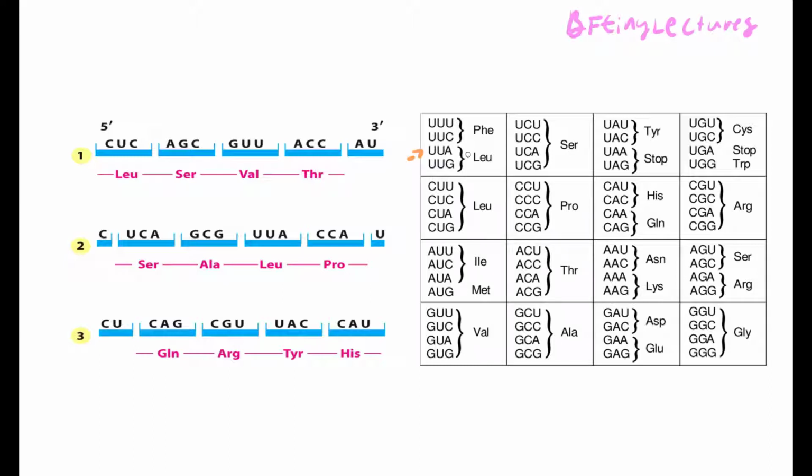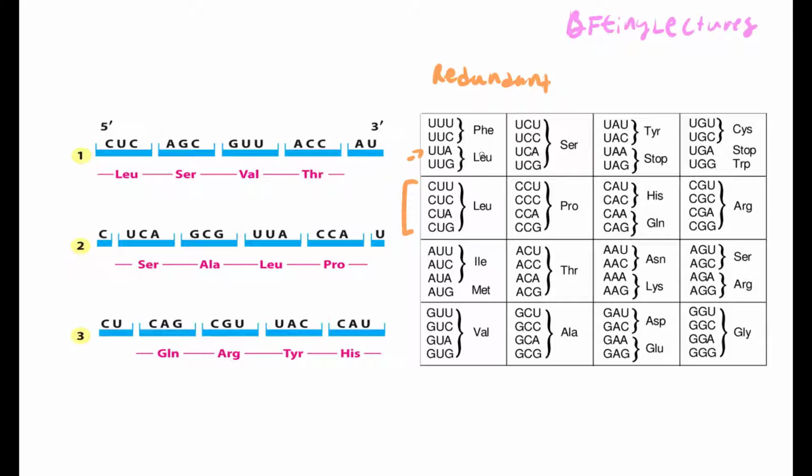We also have UUG for leucine, but this whole section right there also codes for leucine. And so we have about 7 different codons coding for the same thing. And so this allows for redundancy. So the code for amino acids is very redundant.